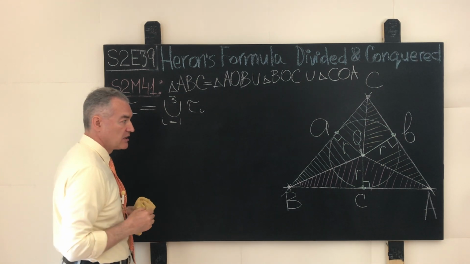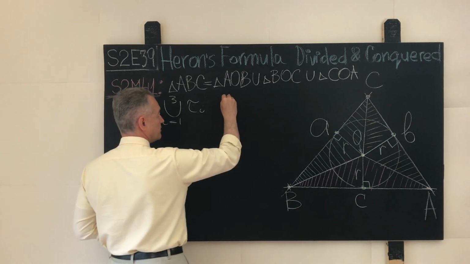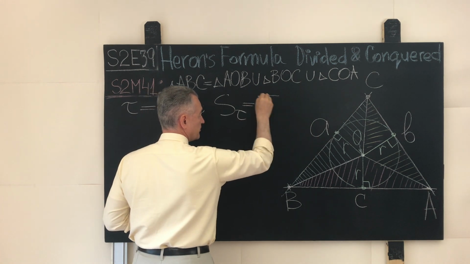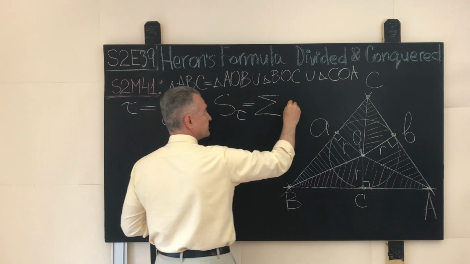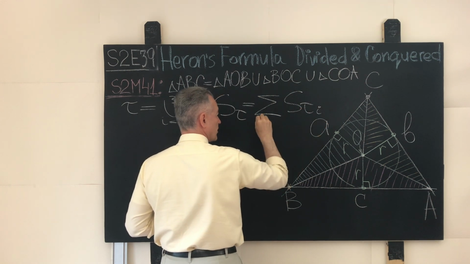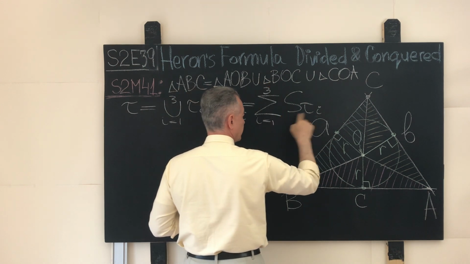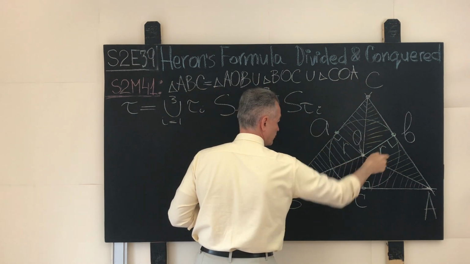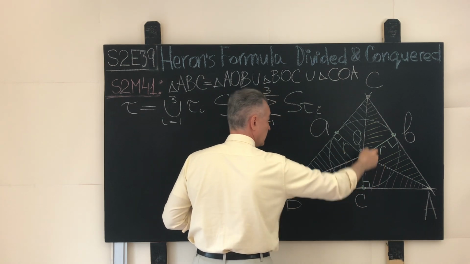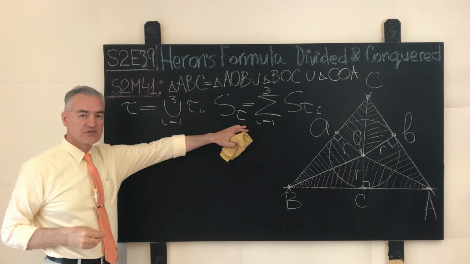The area. The area is the interesting metric. Well, we can say that the area of the parent triangle can be represented as the sum of the areas of the smaller triangles, where the index i varies from 1 to 3, so we have 1, 2, 3. Name the smaller triangles tau 1, tau 2, tau 3. Tau is the whole thing, and thus comes out this observation.